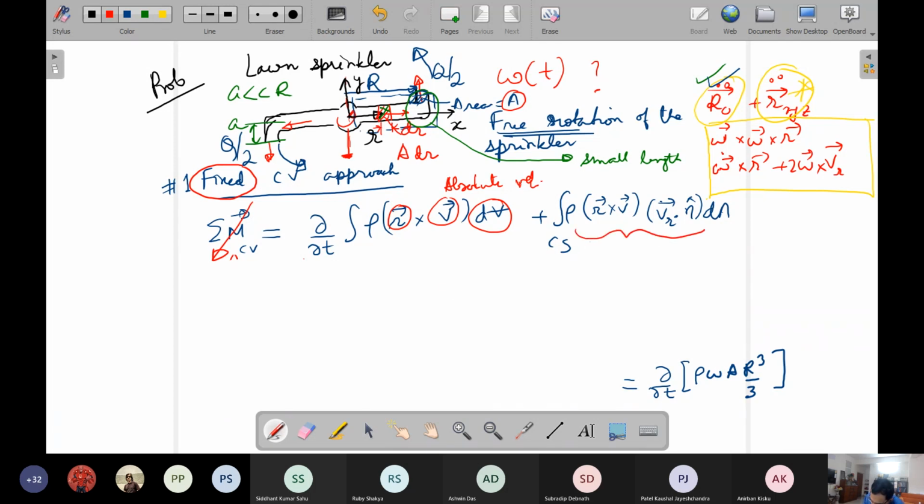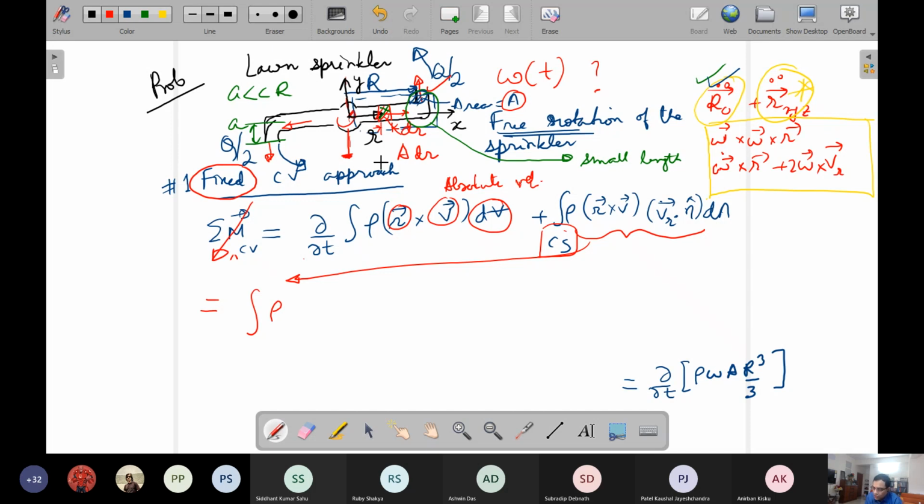Now we look into term 2. So this is equal to, again let us write it meticulously, rho. Now you have to imagine that you are applying this term on the control surface. What is the control surface? The control surface is the outflux surface. The influx, whatever it is, is on the axis of this sprinkler, so that is not creating any moment. So we should not care for that.